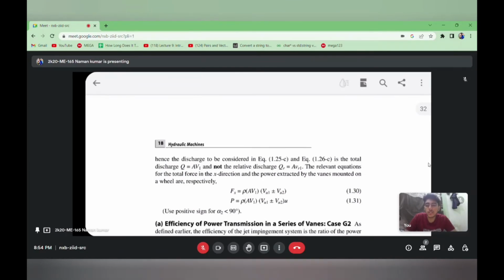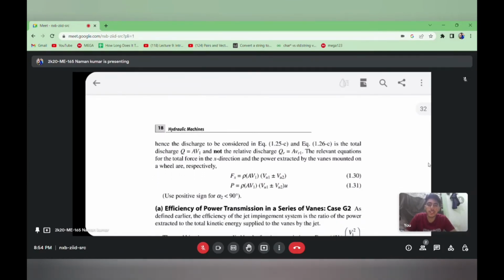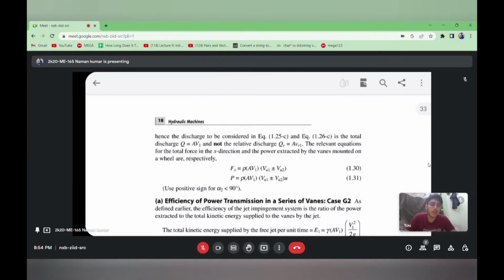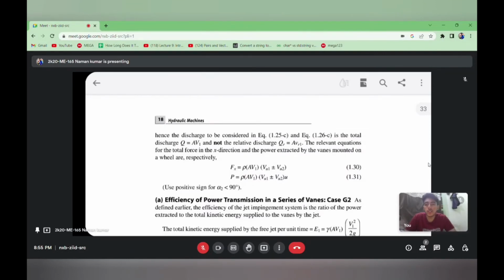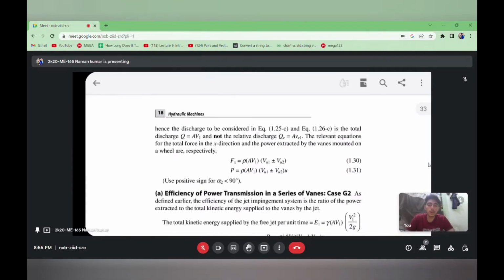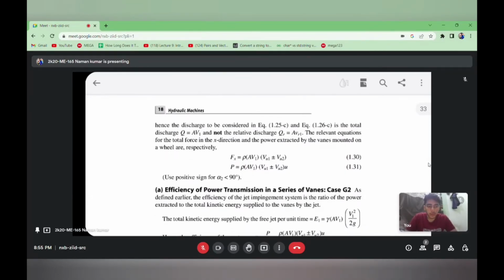The relative equations of the total force in x direction and the power extracted by the vanes mounted on the wheel are as follows. Basically here the force in x direction is equal to rho times A times V1. A times V1 here is the total discharge, and it gets multiplied by VU1 plus minus VU2.